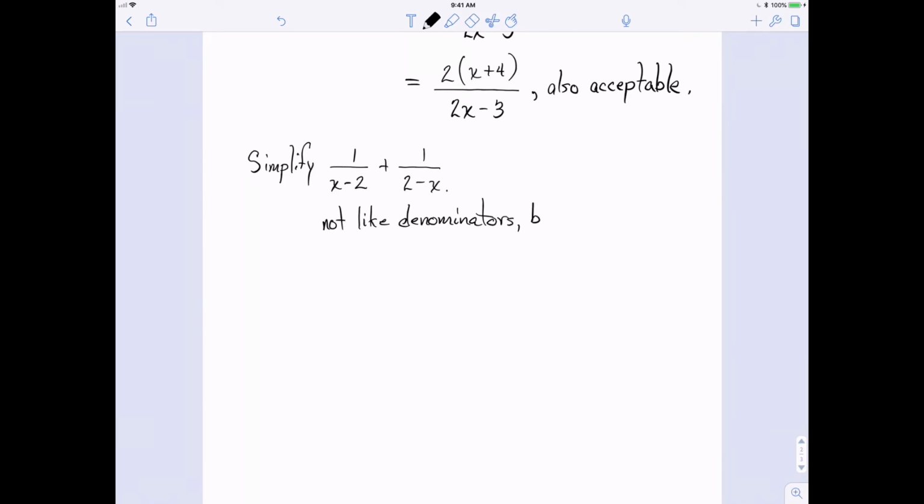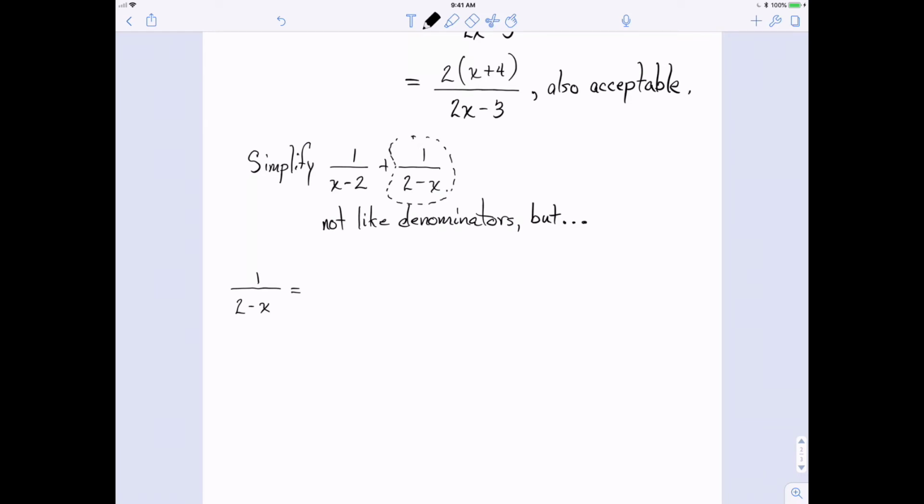But here's where we have to look at it. Let's take a closer look at this second fraction. I'm going to write it down here as 1 over 2 minus x. We saw this a couple of videos back. The second denominator is 2 minus x, which is just the wrong signs.